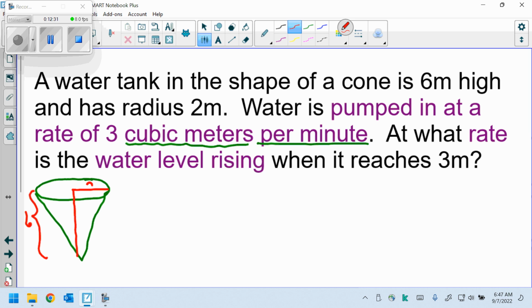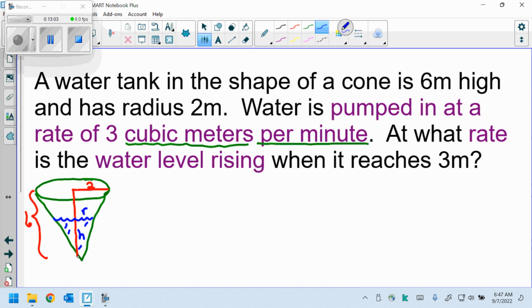It is 2. But what's not constant is the water level. That's where this radius right here and this height right here, those things vary. But the height of the cone and the radius of the cone up at the top do not. Now we're talking about what's going on down in the blue down here.